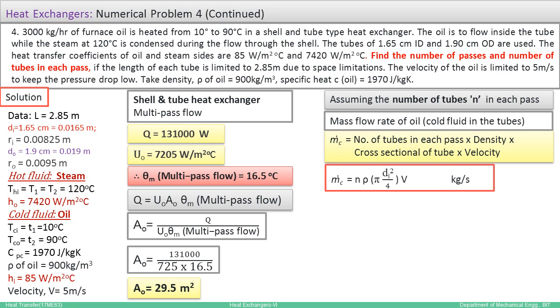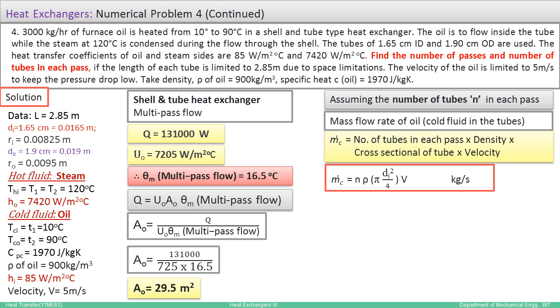Writing the mathematical expression, n is the number of tubes in each pass, rho is the density, pi d i square by 4 is the cross sectional area of the tube, and V is the velocity. V is 5 meter per second, given.